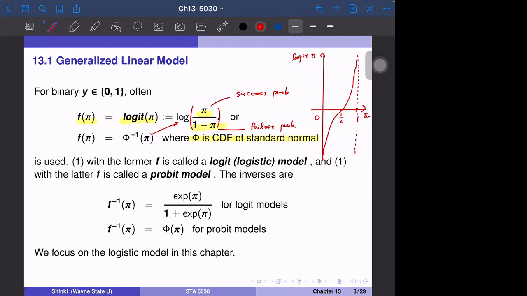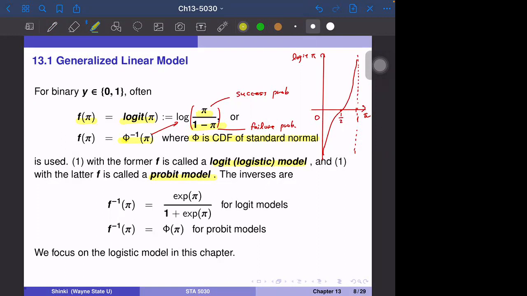The first one, where f of pi is logit of pi, is called the logit model or logistic model, or logit regression or logistic regression model. If f is phi inverse of pi, the inverse CDF of the standard normal, it's called the probit model.